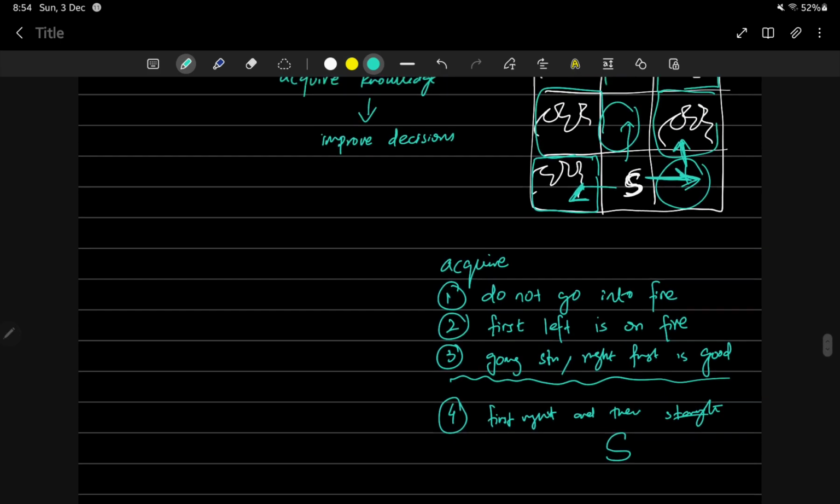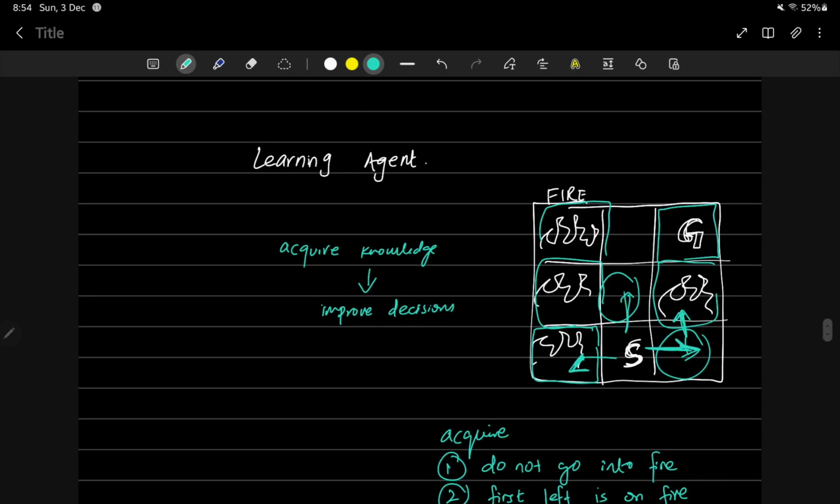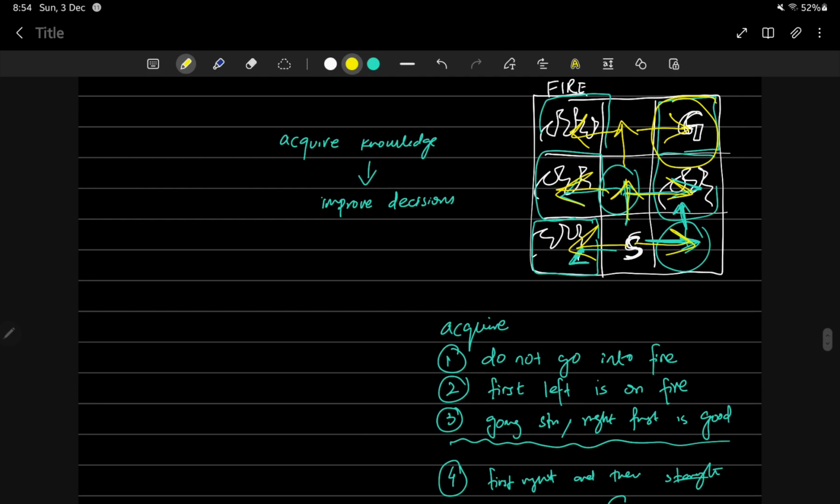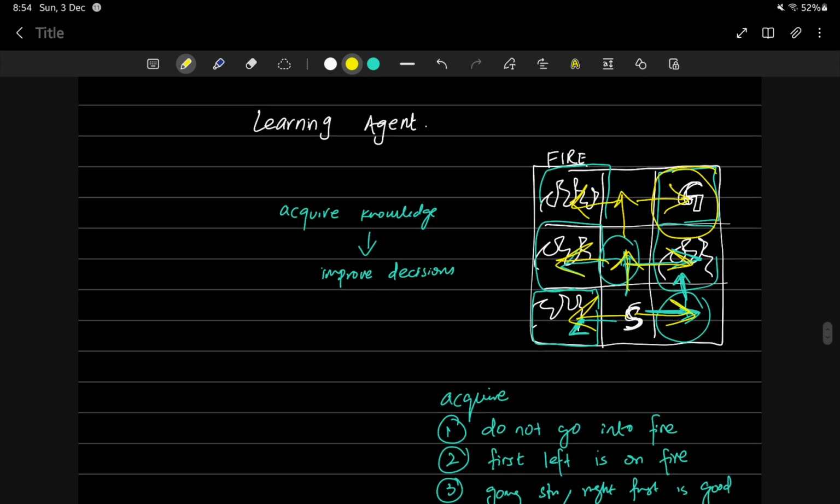So like this it will try every single step, it will do everything possible, and then it will learn about these different things, right? And then finally it will be like, okay, I have reached this goal state. And now it has acquired this whole complete set of knowledge about its world, right?